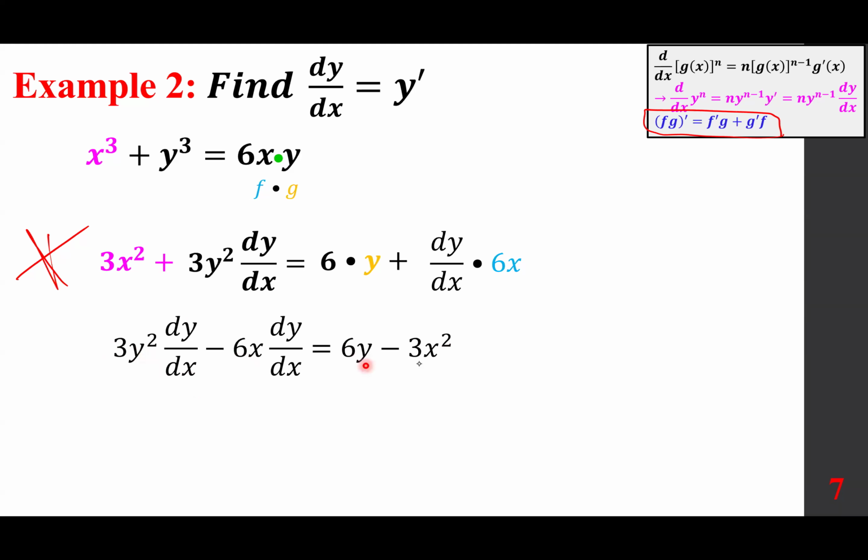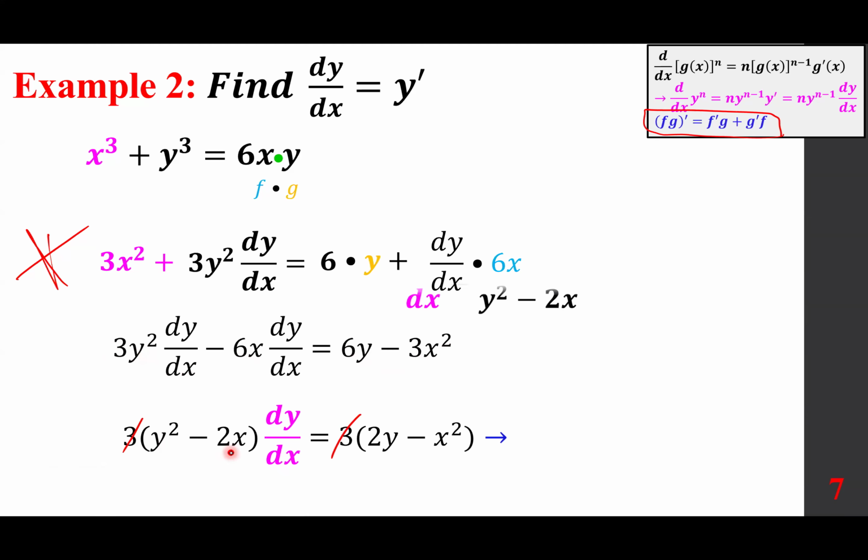So I'm going to say 3 times 2y minus x squared. This way, you can just drop the common factor of 3. And if you divide the left and the right by y squared minus 2x, you get dy dx equals the right side, 2y minus x squared, over the coefficient of dy dx, which is y squared minus 2x.